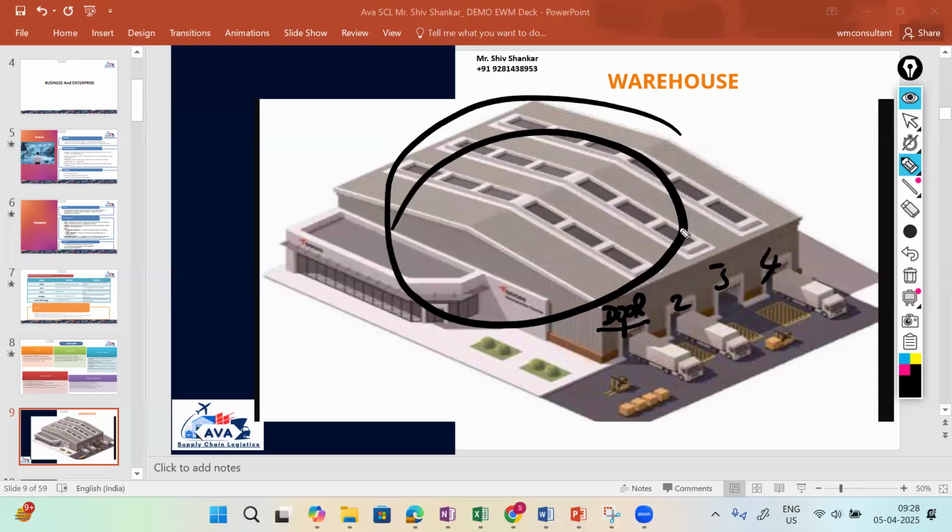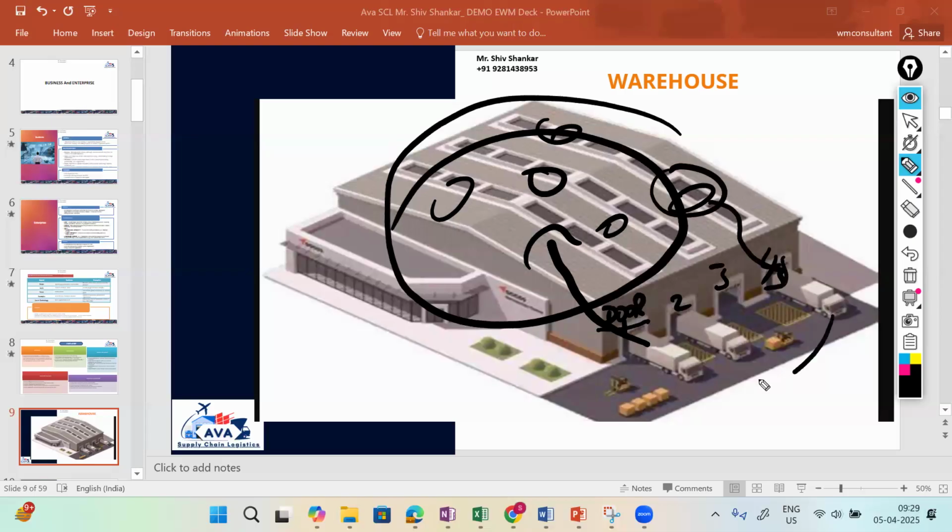A specific warehouse has a structure like this, with many doors, and the purpose of each door is that vehicles can come in to unload the material and keep the stocks somewhere here, here, whatever it is. Similarly, some trucks will come to pick this particular material and load it in this container so that it can be delivered to our customers.